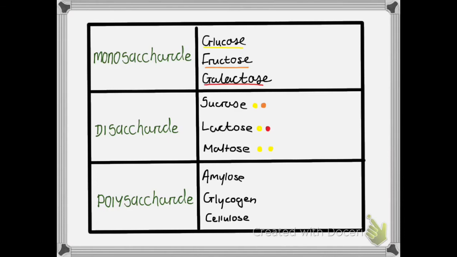Sucrose is made up of glucose and fructose. Lactose is made up of glucose and galactose. And maltose is made up of 2 glucose molecules. You then have polysaccharides, which are long chains of monosaccharides, some examples being amylose, glycogen and cellulose.